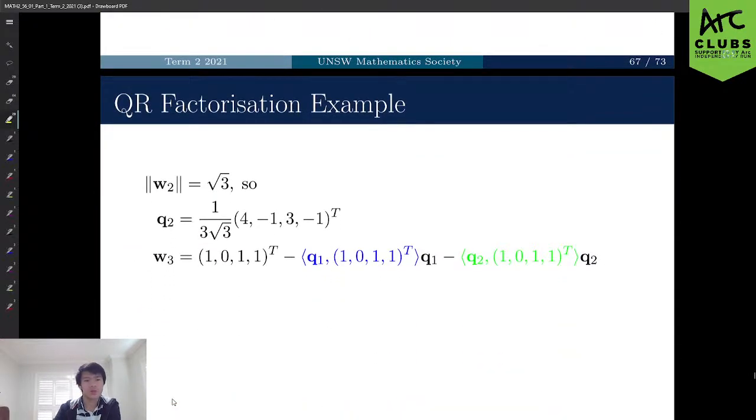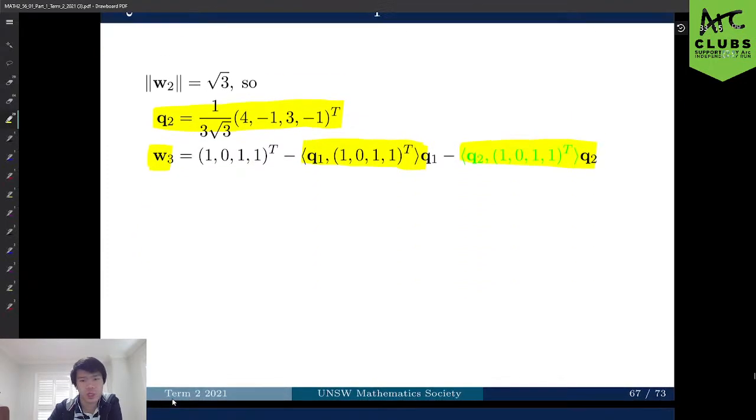Same thing with W2, we normalize that first to get Q2 immediately. Then we take W3, we do the same process: we subtract its projection onto Q1, then we subtract its projection onto Q2. Because it's a projection, we don't have to worry about any denominator, because Q1, Q1 is just going to be equal to 1.